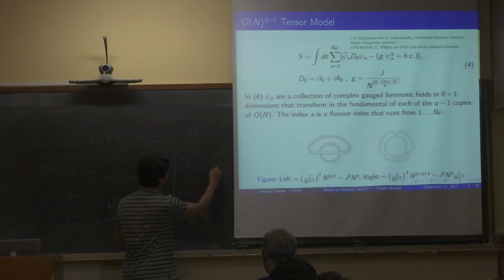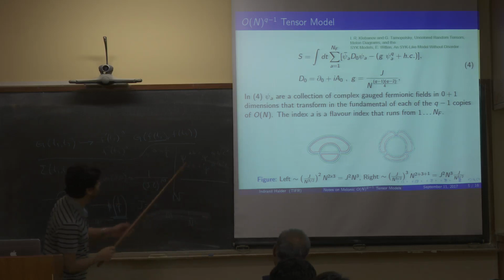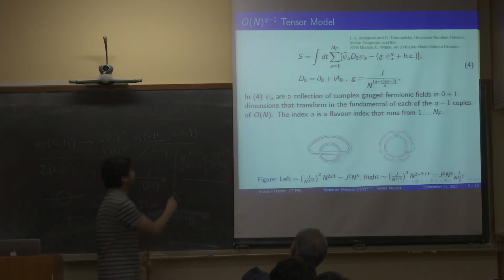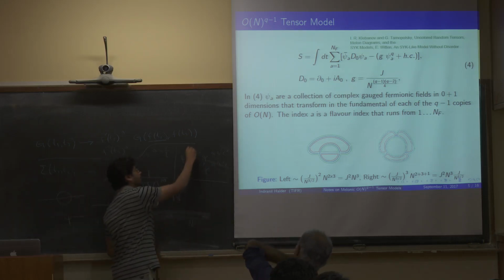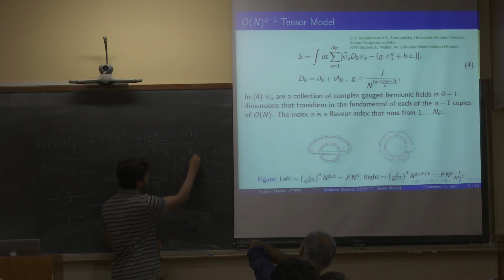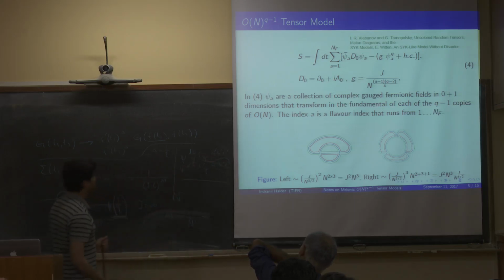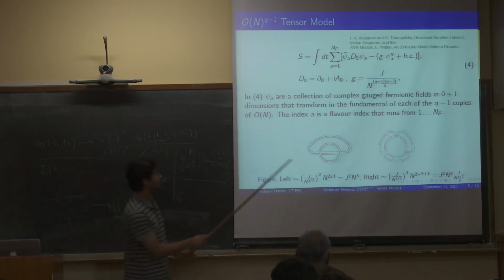So this is the interaction term. You see that any one of the colors from this fermion goes to exactly one of the others, not two contractions, and this one gets contracted with this one, with that one, and same with the other ones. Only one of the colors will get contracted with the other one. You can draw this tetrahedron picture for this thing. So this is the interaction.